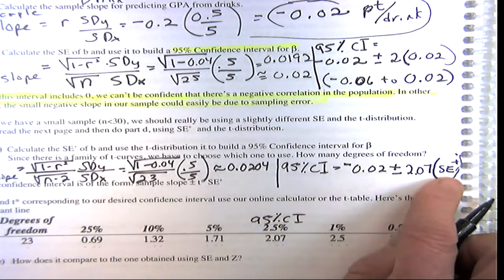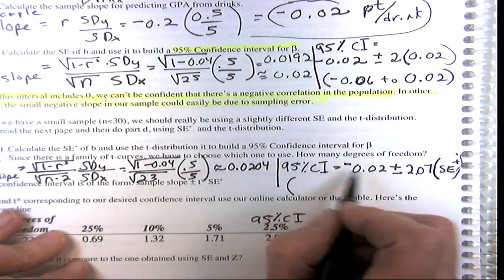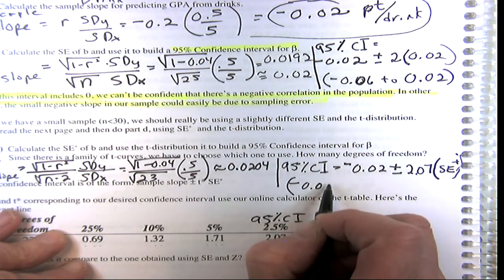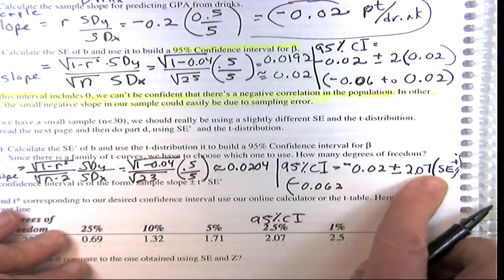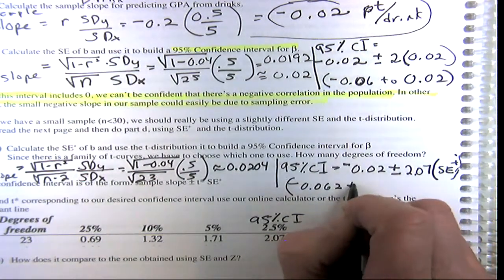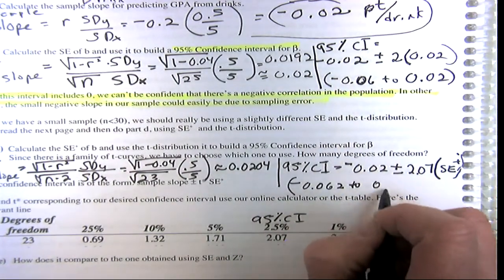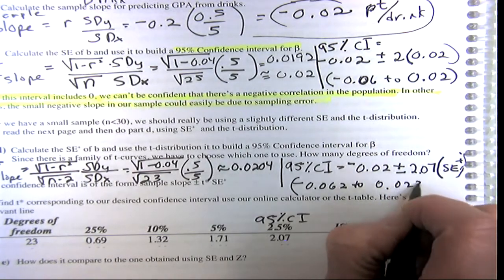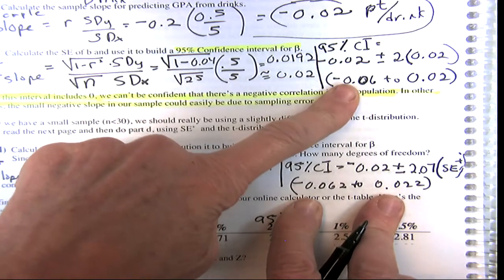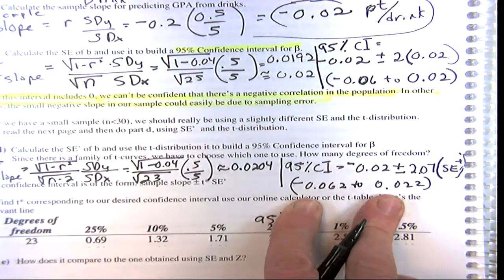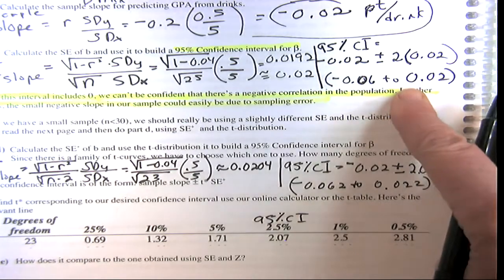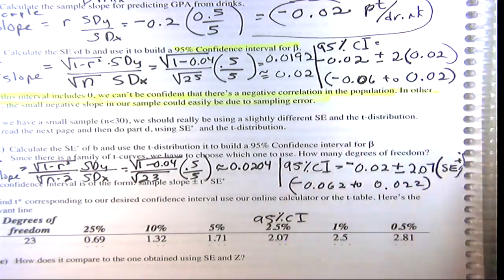And I did the calculation, and I got negative 0.062 when I subtracted 2.07 times that to 0.022. So this is a wider confidence interval than here. It would be even wider if I'd used 1.96 here.